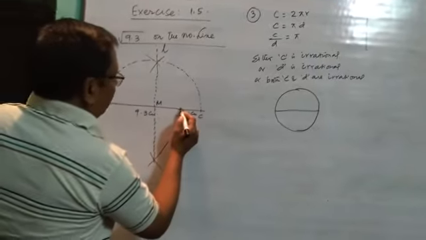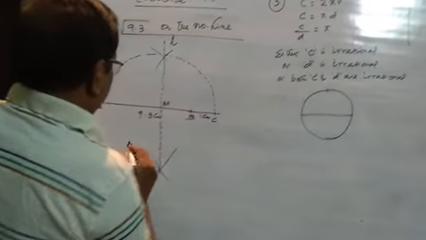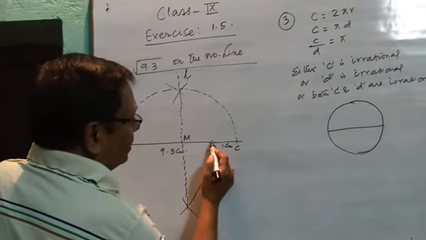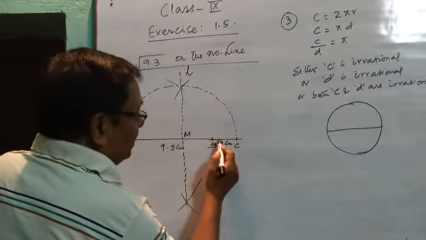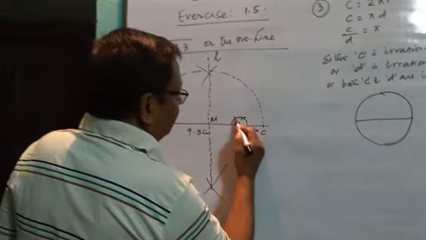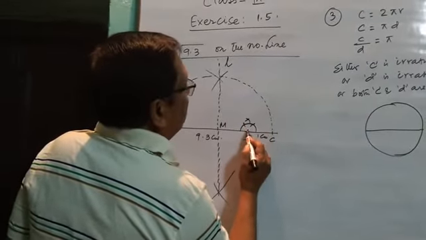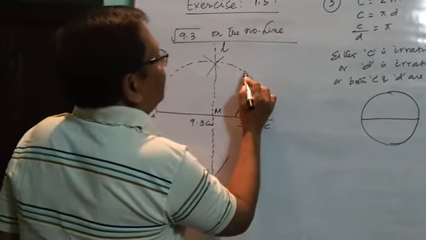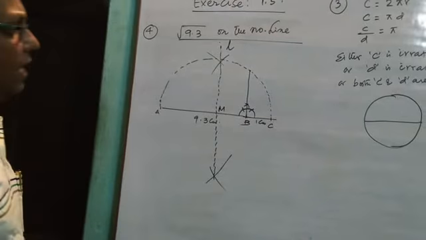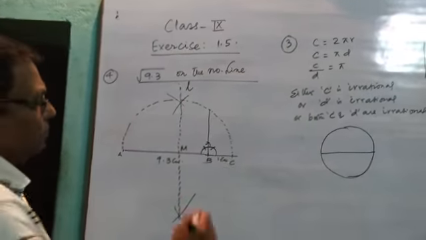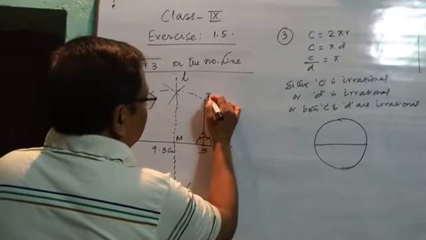Now at the point B, we draw a 90 degree line. Students, you know how to draw a 90 degree line? And this 90 degree line intersects the circumference of the semicircle at the point T.